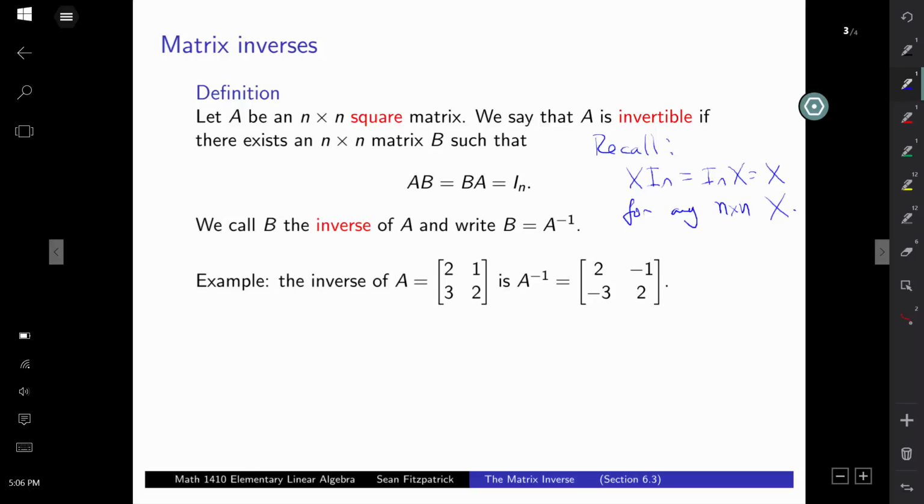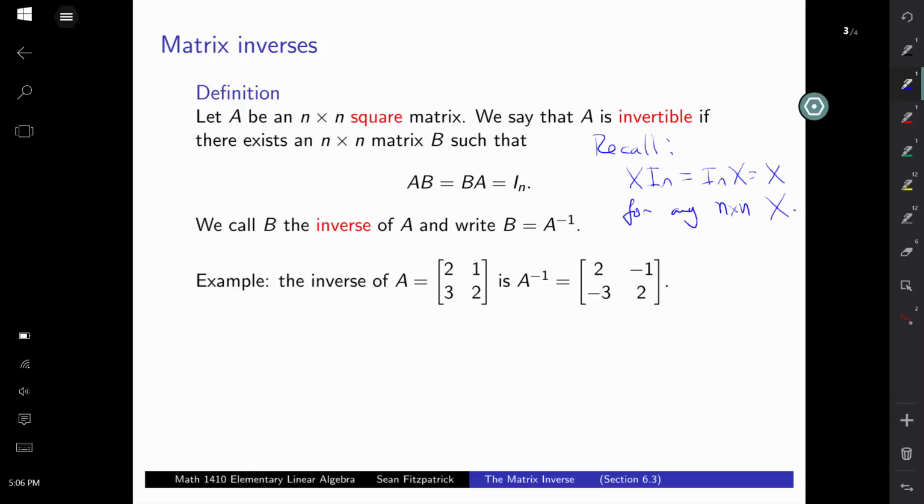Even if x is not square, this is still true. I just need identity matrices of different sizes depending on whether I'm multiplying on the left or on the right, because we need to make sure that the sizes match up for that product to be defined.